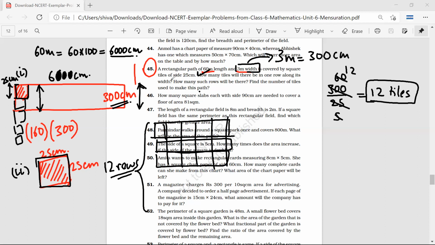So we have done this. Find the number of tiles used to make the path. Now I have the area of the path. The area of the path is 6000 into 300. And I'll divide that by the area of this, 25 into 25.